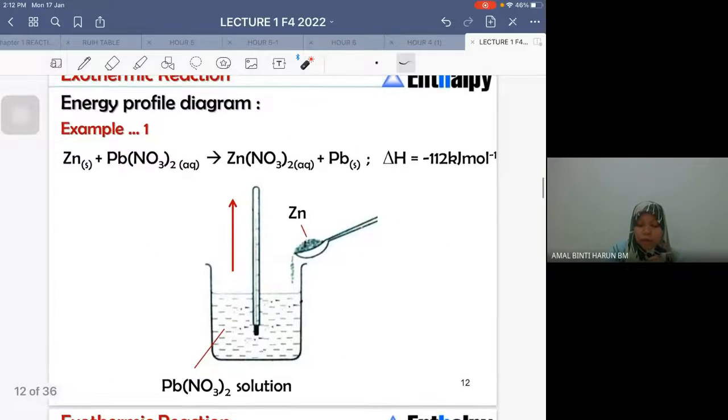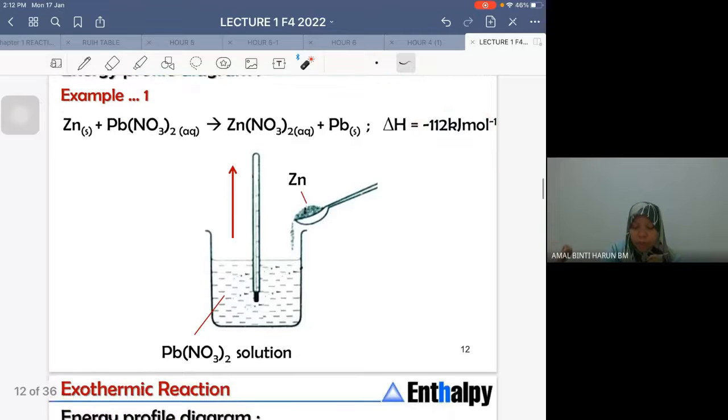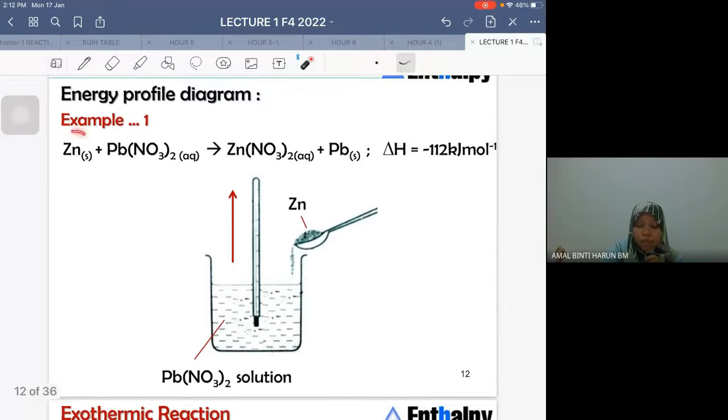Contoh, reaction zinc dengan PB nitrate akan menghasilkan zinc nitrate dan PB. So energy release and then absorbed by the mercury dalam thermometer ni. So the heat release adalah sebanyak 112 kilojoule. Apabila 1 mol zinc bertindak balas dengan 1 mol PB nitrate.